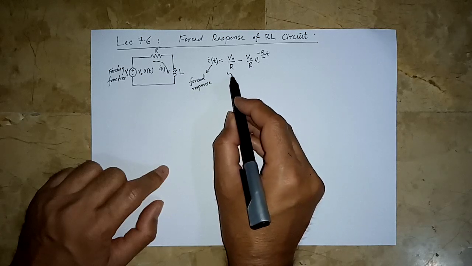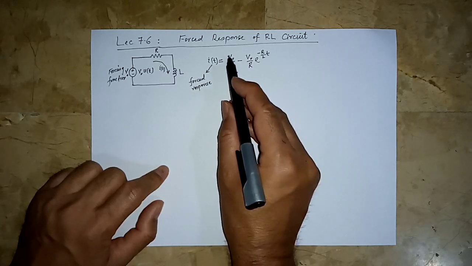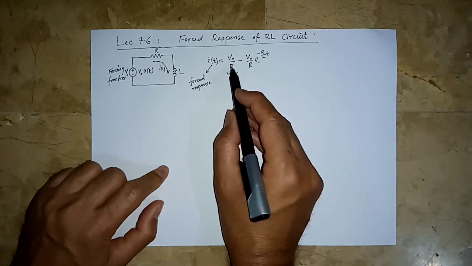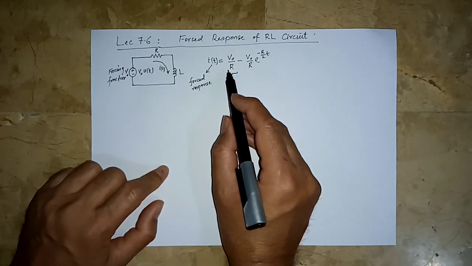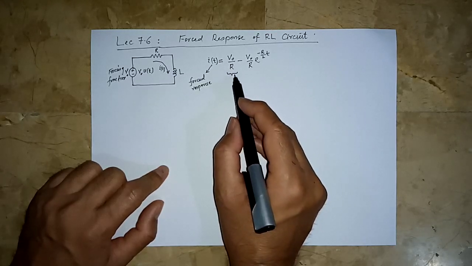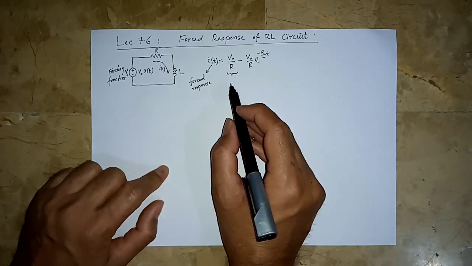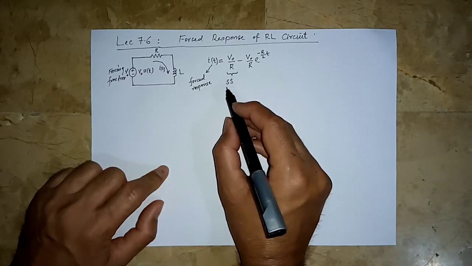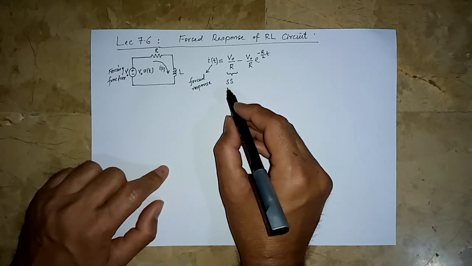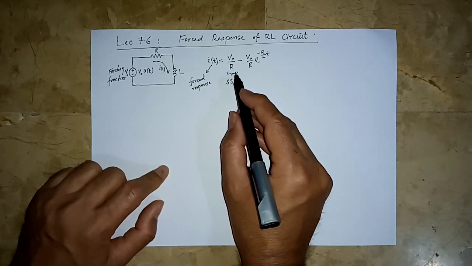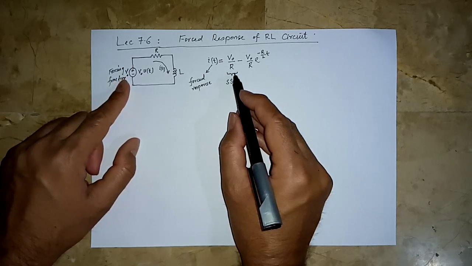And look at this part. We have V naught a constant, R is a constant, so this term is constant, it's not going away. As time passes, this term is going to stay here. This is the steady state response, or in a way, we can say this is a response that takes the form of the forcing function.